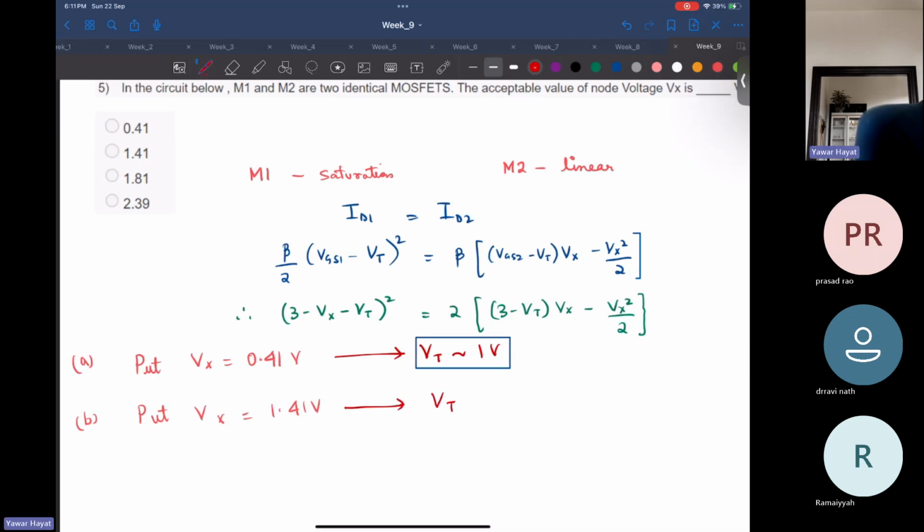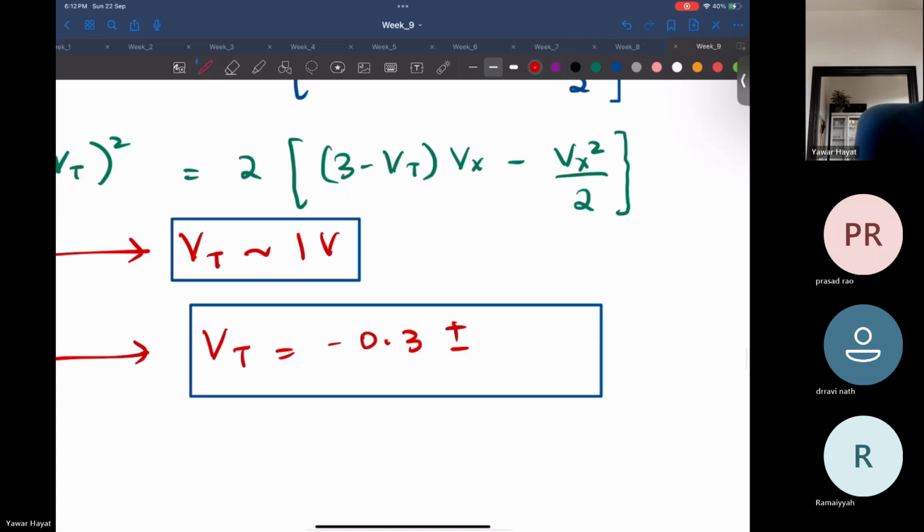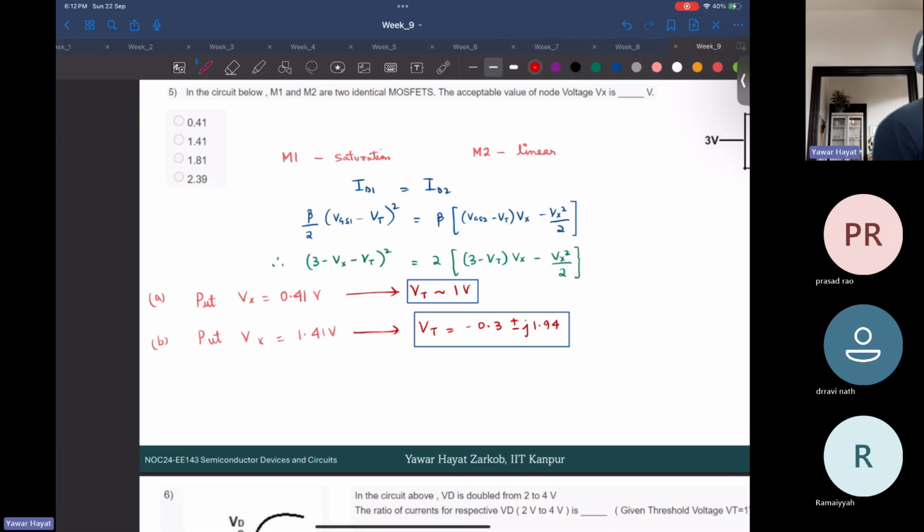I get VT equal to minus 0.3 plus minus j 1.94.